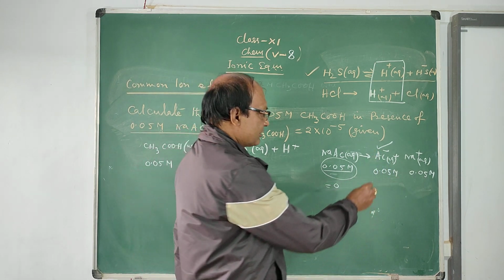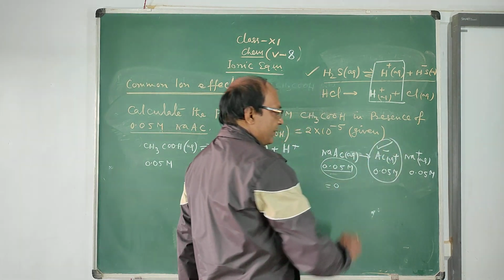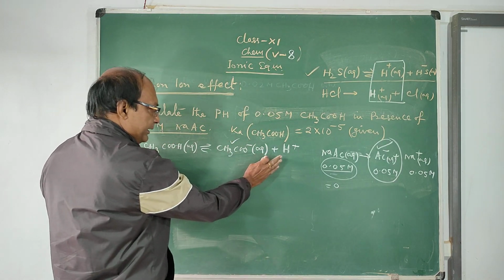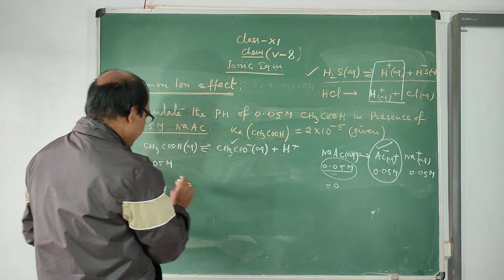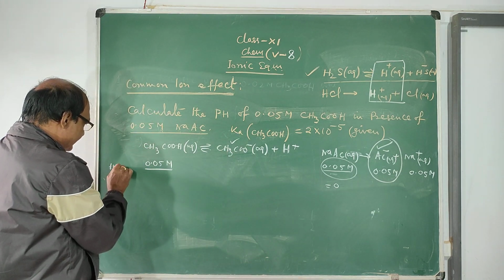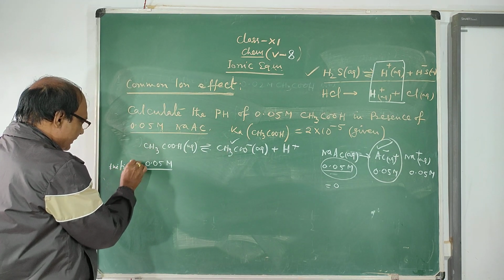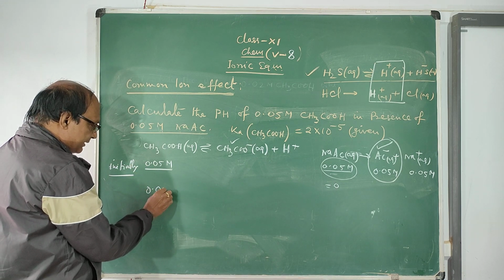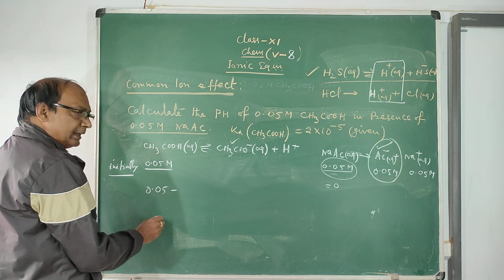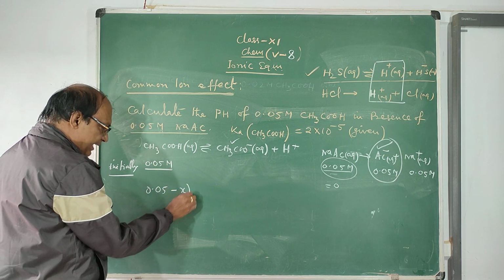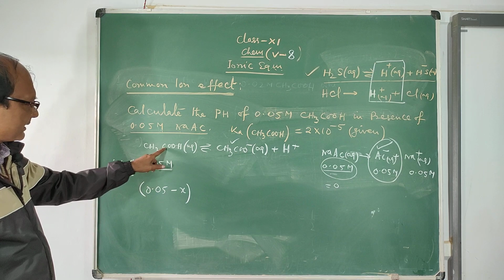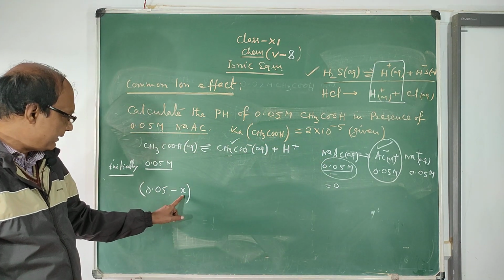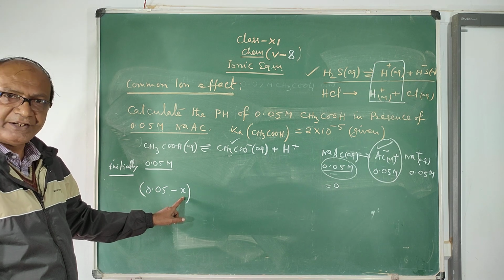So what is the concentration of acetate ion? 0.05 molar. Now this is the equilibrium stage. Initially we have taken 0.05 molar acetic acid. Let us consider that the concentration of acetic acid that will dissociate is X. In the presence of sodium acetate, X part of the concentration will dissociate.